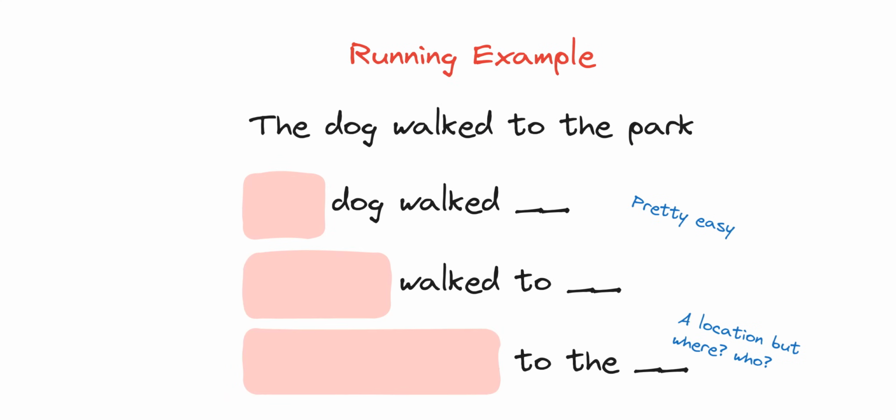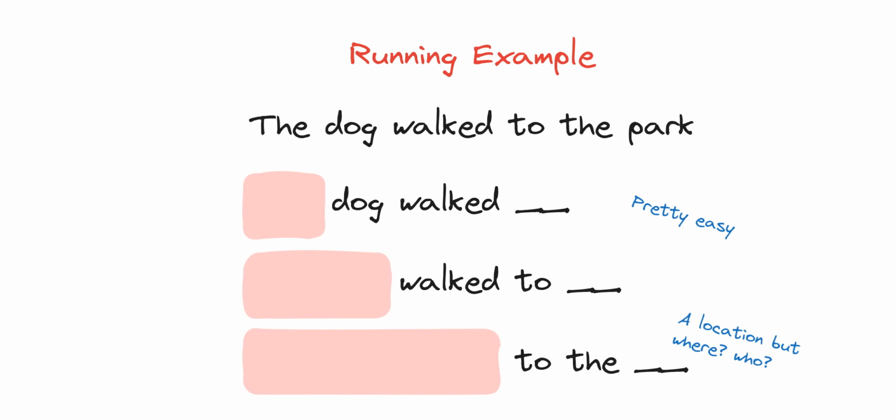To make this more concrete, let's look at our running example. If we're trying to predict the next word for "the dog walked to the park," and we're only allowing ourselves the last two words, we get to a point where we have to predict the blank word only from "to the." This tells us that it's a location and a noun, but it really doesn't tell us much about the semantics of the sentence itself.